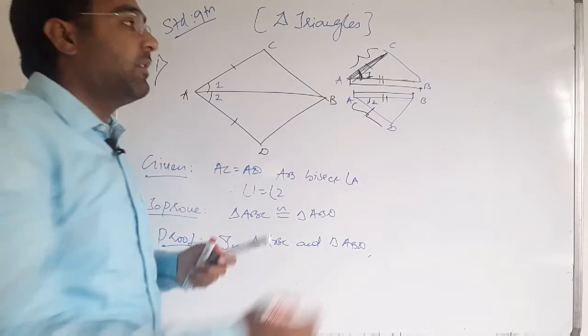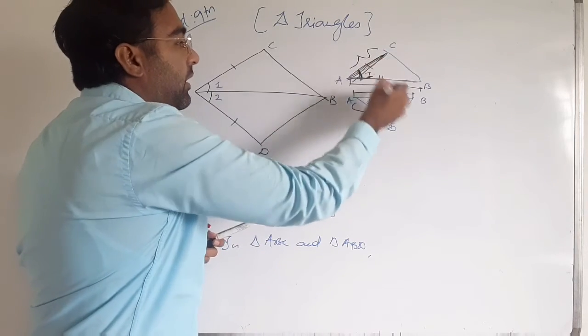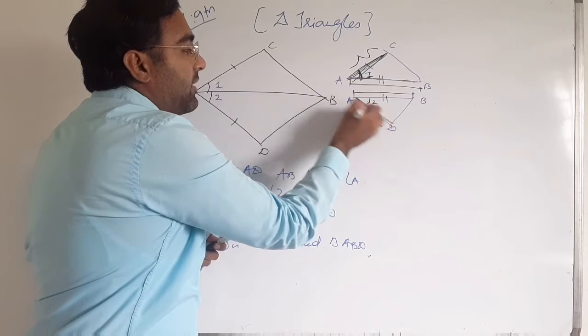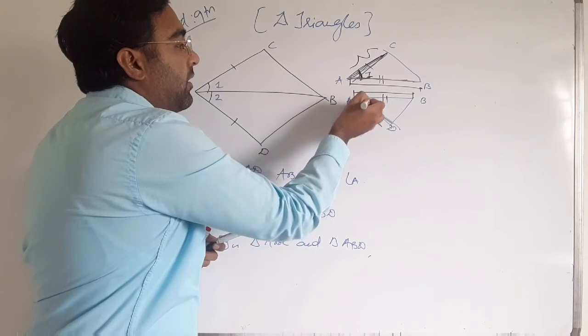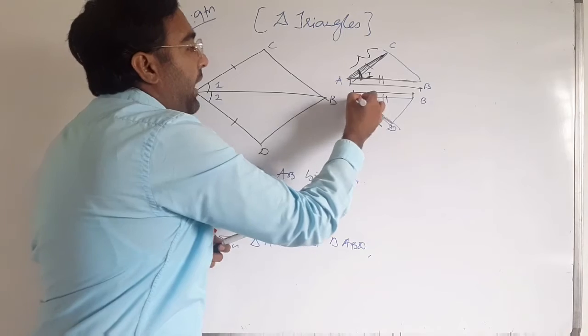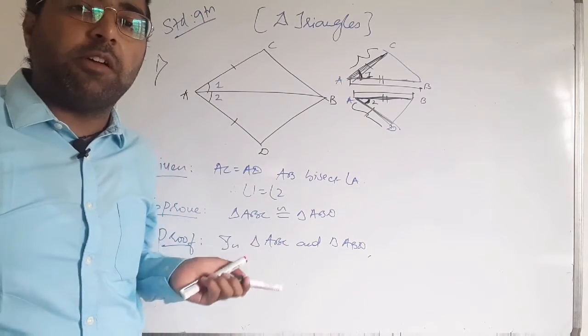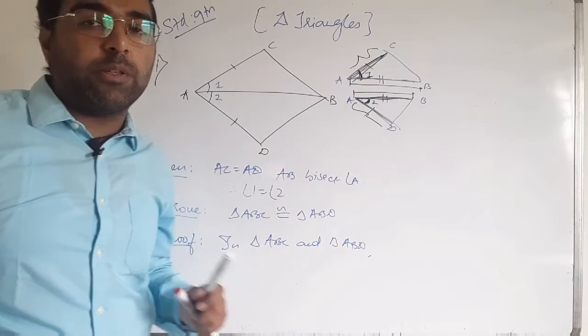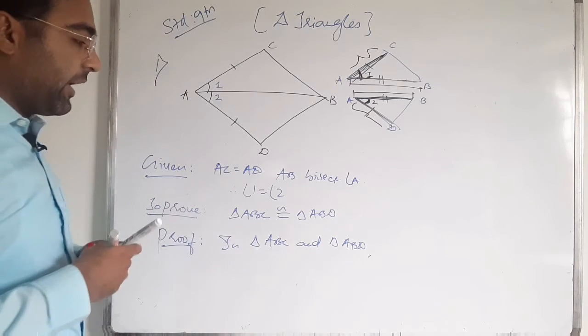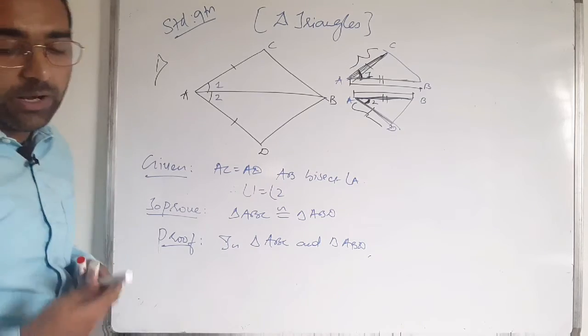Side, angle, side are contained in order. So that's why we take the side angle side congruency in these two triangles.